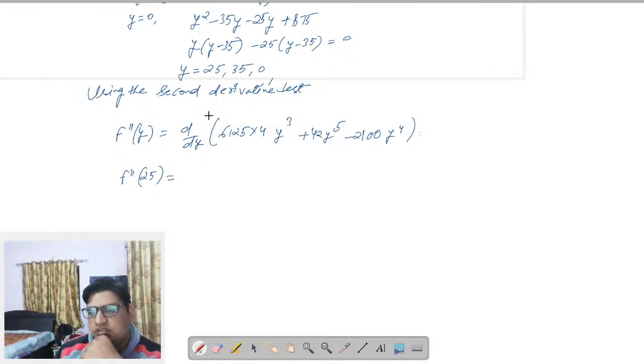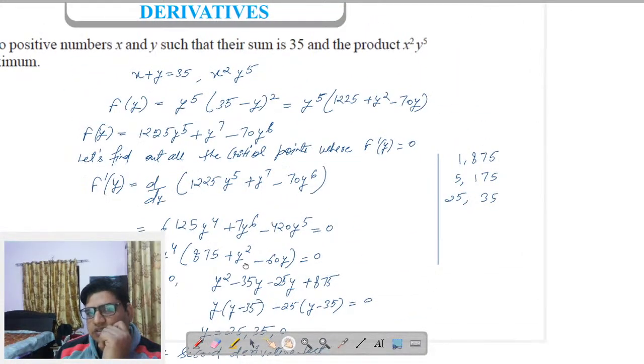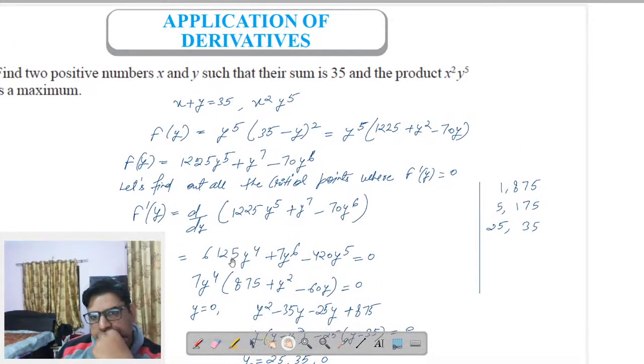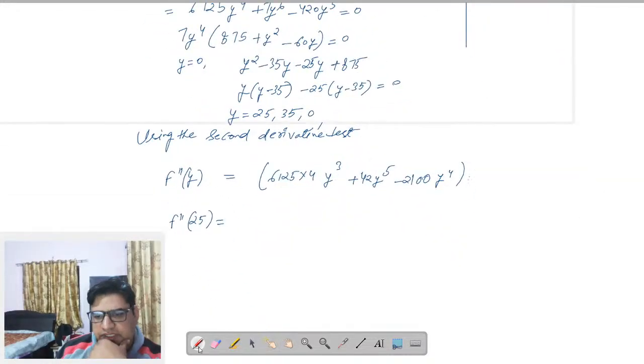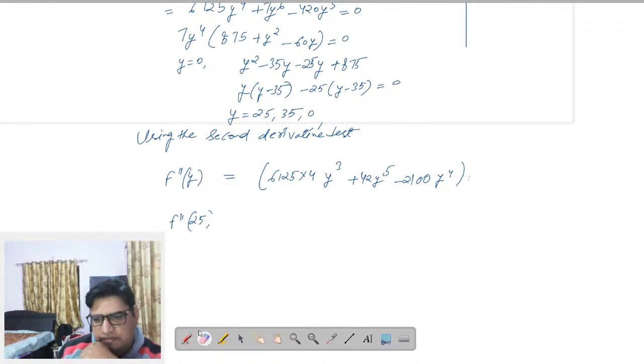So f double dash 25 comes out to be less than 0.